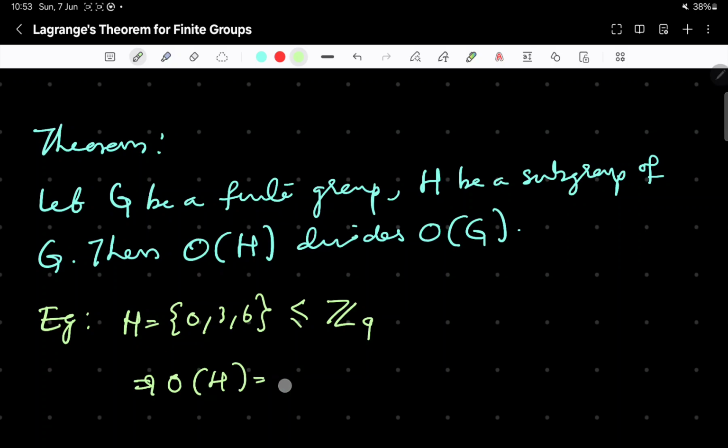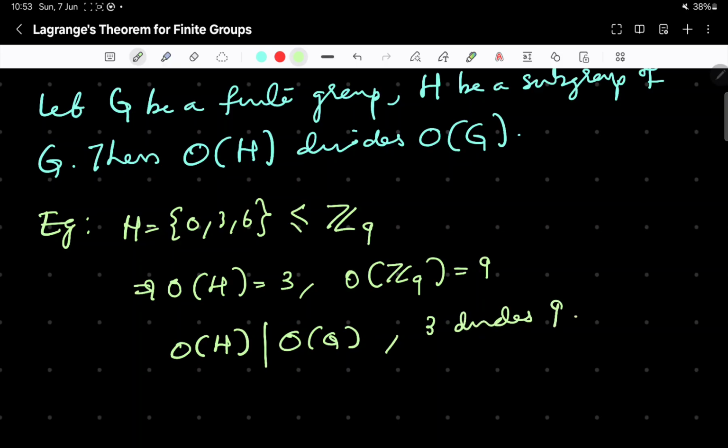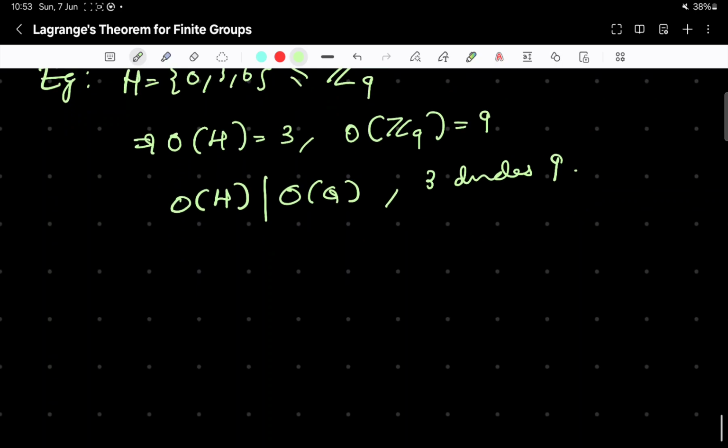Which is 3, right? And the order of Z9 is 9 only. It is very clear that the order of H divides the order of G, because 3 divides 9. So you take any subgroup of a finite group, then that size is going to divide the size of the whole group. That is the idea.